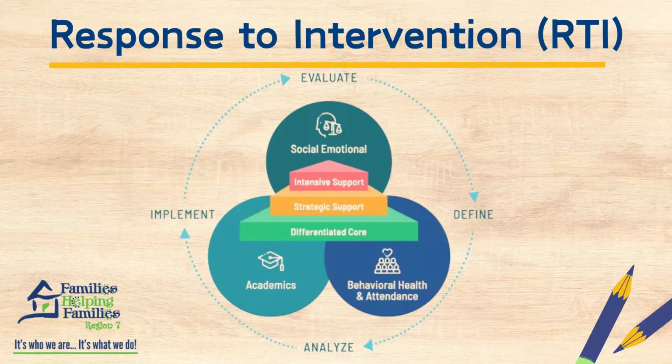High quality classroom instruction, that's screening and group interventions, is Tier 1. With Tier 1, all students receive high quality, scientifically based instruction provided by qualified personnel to ensure that their difficulties are not due to inadequate instruction.